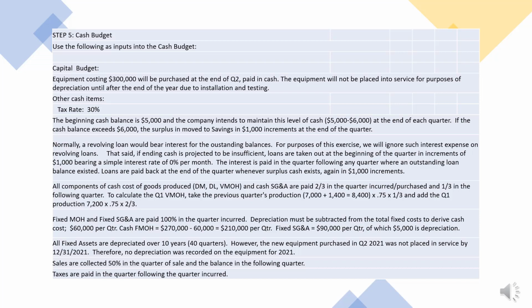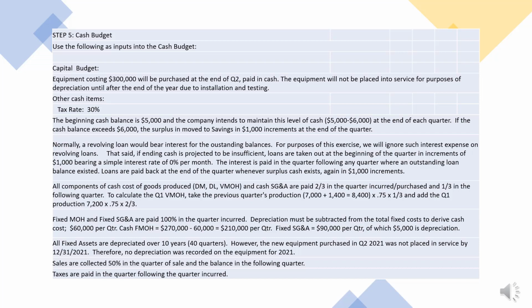To calculate the Q1 variable manufacturing overhead, take the previous quarter's production, that is 7,000 units plus 1,400 units or 8,400 units, times 0.75 times 1/3, and add that to Q1. Fixed manufacturing overhead and fixed SG&A are paid 100% in the quarter incurred because, after all, we can anticipate when that's going to happen.